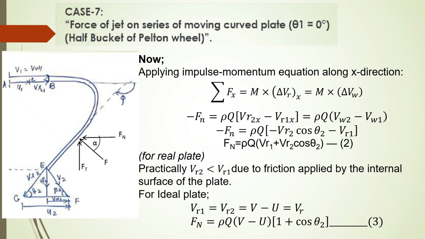Now, continuing to apply the impulse momentum equation along the x direction, sigma Fx is equal to the mass flow rate multiplied by the change of the velocity along the x direction, or the mass flow rate multiplied by the whirl velocity, because the whirl velocities are the components of V1 and V2 in the horizontal direction.